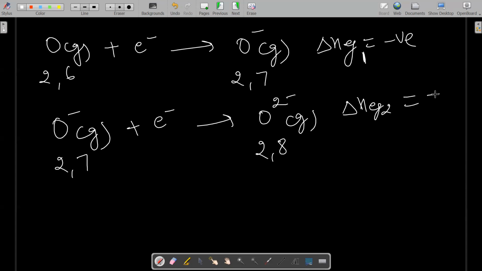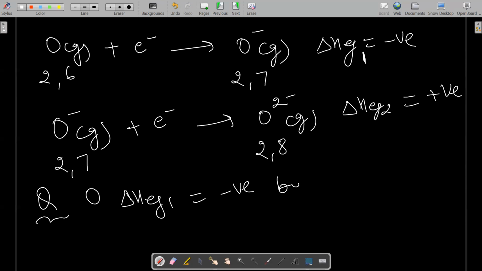And the second electron gain enthalpy becomes positive. The question is this, why? The question is this, oxygen's first electron gain enthalpy is negative, but the second electron gain enthalpy is what? Positive. Why?